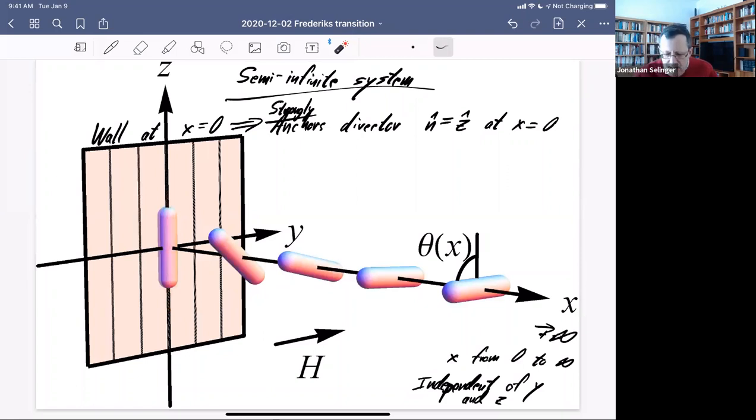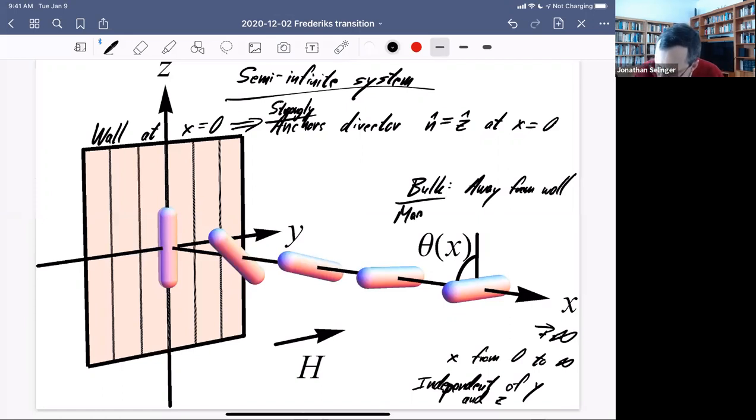Now, what about in the bulk? The bulk means the interior of the sample, the infinite region that's away from the wall. In the bulk, away from the wall, we have a magnetic field, H. And the magnetic field is in the y direction.